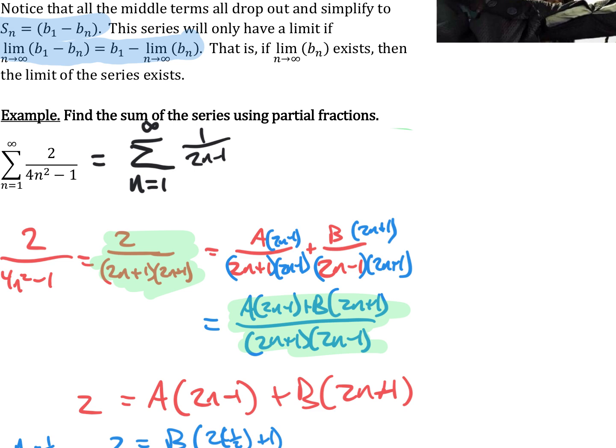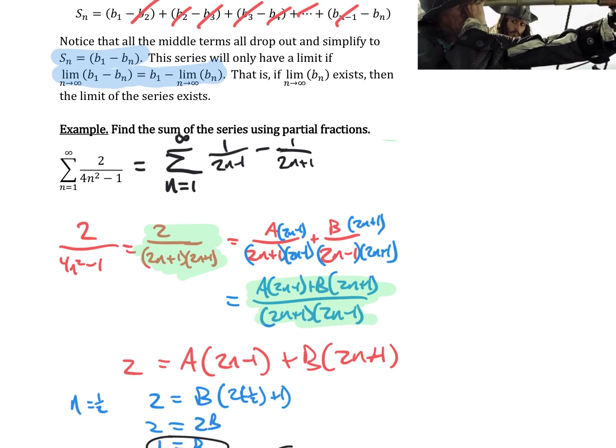And then A is plus negative 1 over 2n plus 1. Negative 1 over 2n plus 1 is the same as minus 1 over 2n plus 1, so we can put the negative out front or up top, same thing.